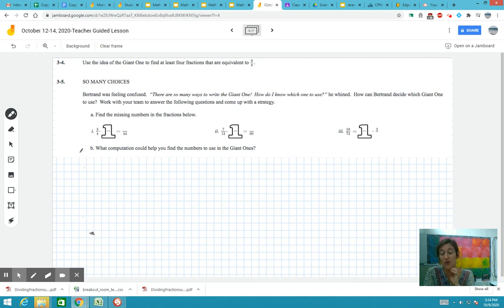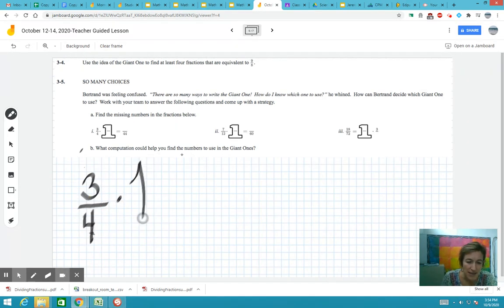So I'm going to do part i, and you will work independently and complete parts ii and iii, and answer question B. So it states, i. I'm going to write it down here. This reminds me of 3/4 times. This kind of looks like what we were solving with the generic rectangle puzzles.